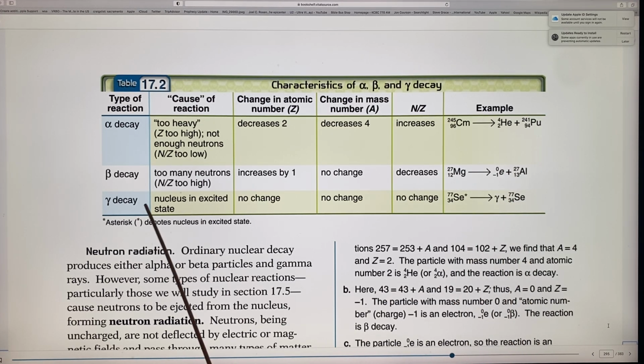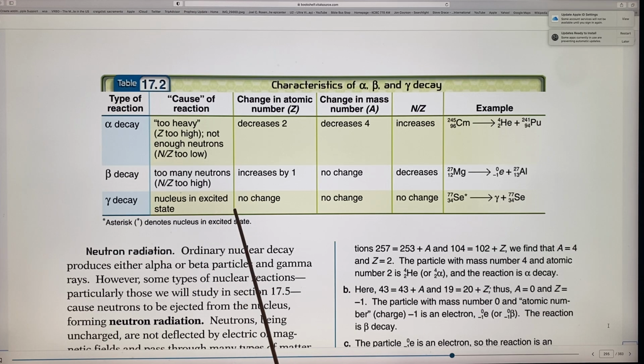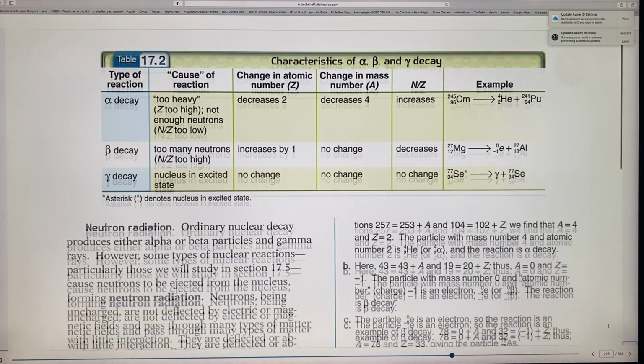And then gamma, I shouldn't say the same way, the gamma rays happen in the midst of one of these two happening. The nucleus is in an excited state. There's no change of anything, but actually just a ray is shot off, and it looks like a gamma ray. Nothing changes inside the nucleus with gamma rays. It's just the energy that's from the gamma ray. Okay.